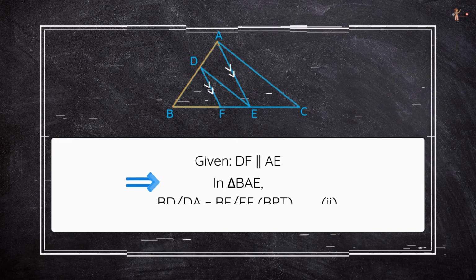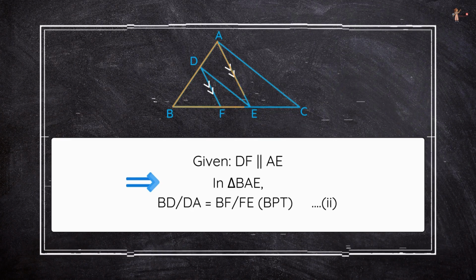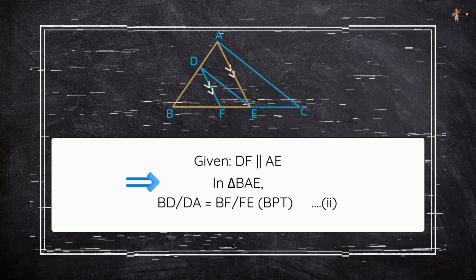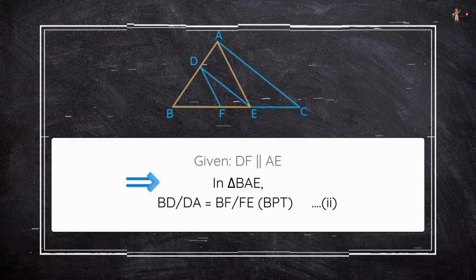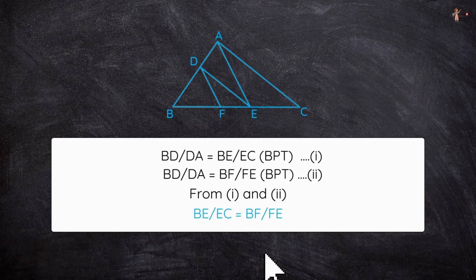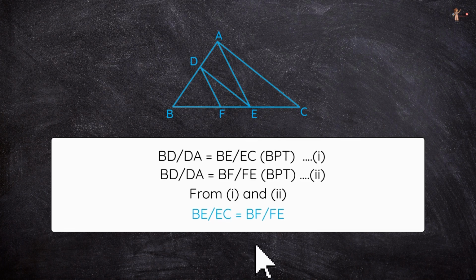In triangle BAE, DF is parallel to AE. Thus, by using BPT theorem again, we get BD upon DA is equal to BF upon FE. From these two equations, we get BE upon EC is equal to BF upon FE.